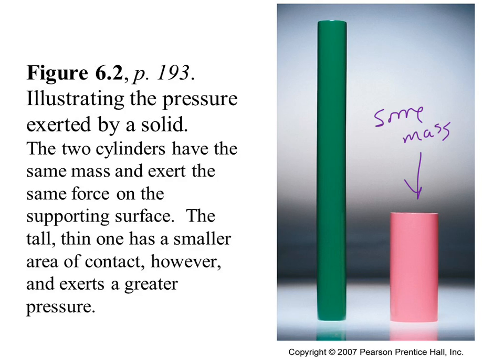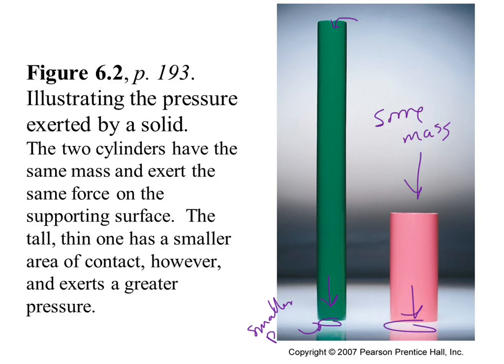They have the same mass and they're both here on Earth, so they have the same weight, and weight is a force. So they are exerting the same force downward. But if you look at the areas, this area is smaller, which means this is a greater pressure.